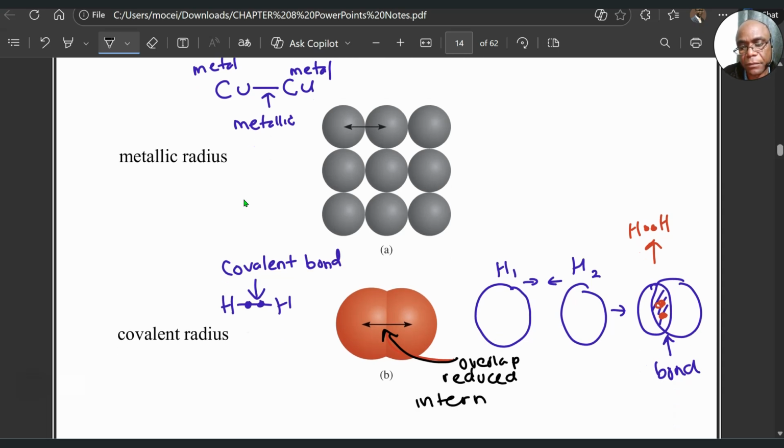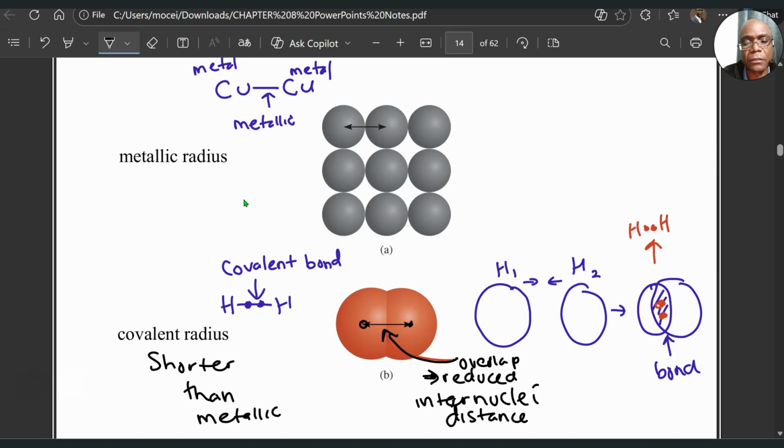That's what we call it: the distance between the two nuclei, here and here, is reduced. So we have an overlap that causes reduced internuclear distance. So you expect the covalent radius to be shorter than the metallic one. Why?